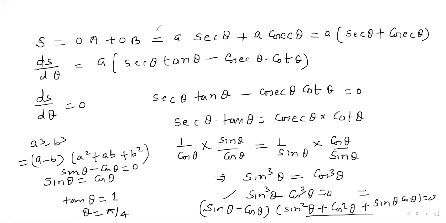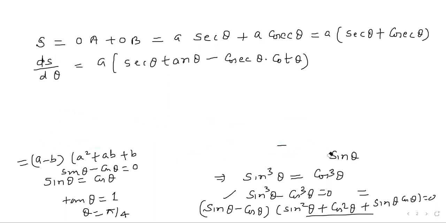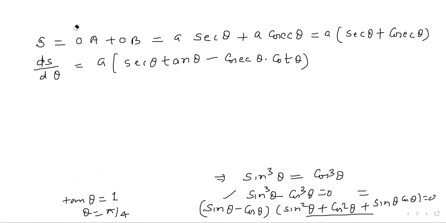Now we again differentiate dS by d theta to get the second derivative. So if we differentiate it, what do we get? d2S by d theta 2 equal to a. Here we apply the product rule.